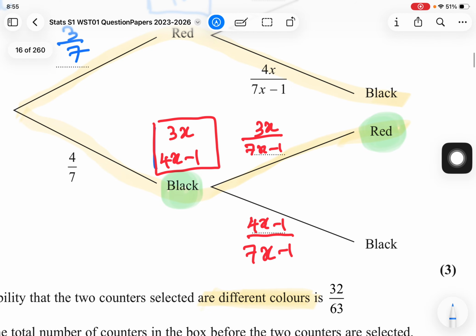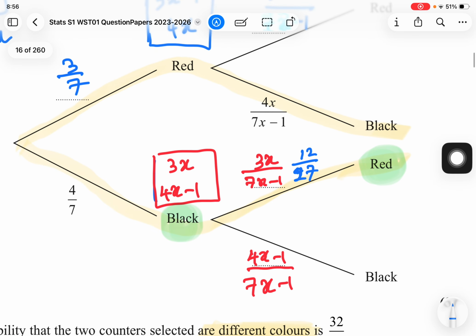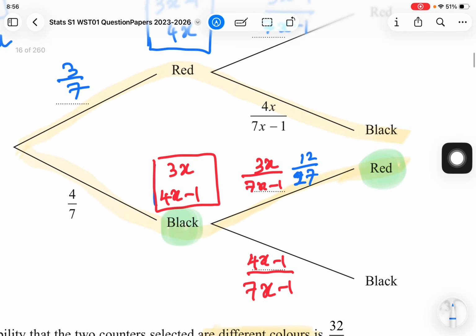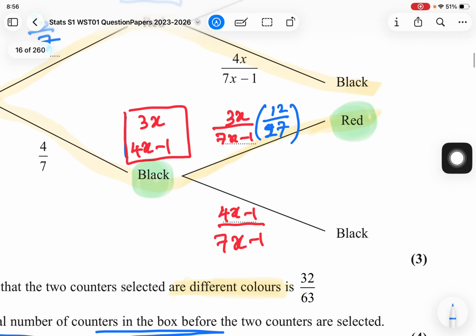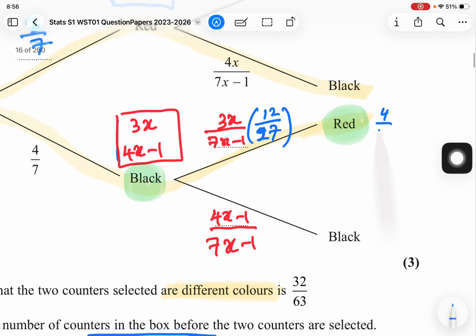Here we know 3x divided by 7x minus 1, given that x is 4. This branch will have 12 divided by 27. So this branch will be 4/7 times 12/27.